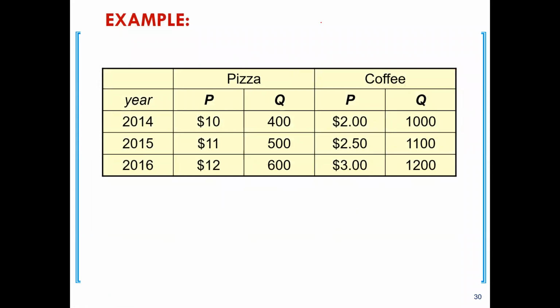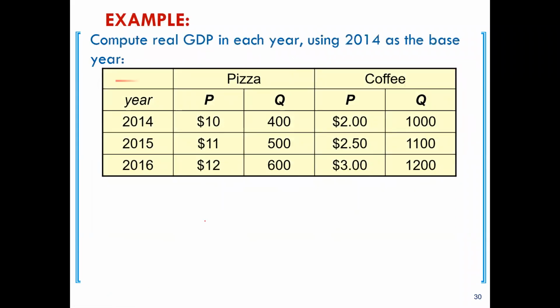Let's consider another example. This time we are required to compute the real GDP in each year using 2014 as the base year. What this means is that the previous example was on nominal GDP.